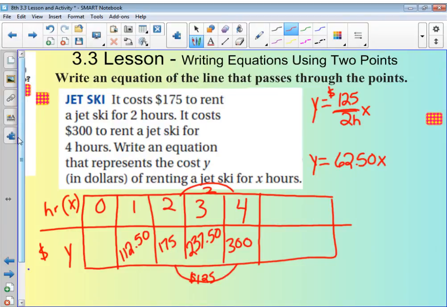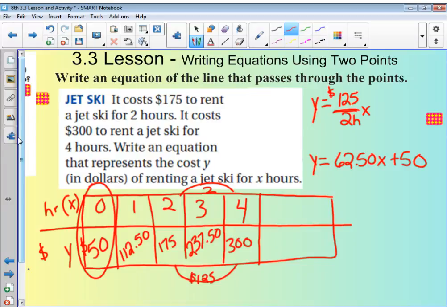So that's just for 1 hour. So now if I subtract off the 62.50, that means that even when I start out, I'm going to have to pay $50 at hour 0. So in other words, that means you're paying a $50 fee and then so much per hour of use for that jet ski. So here's our y-intercept, would be $50.